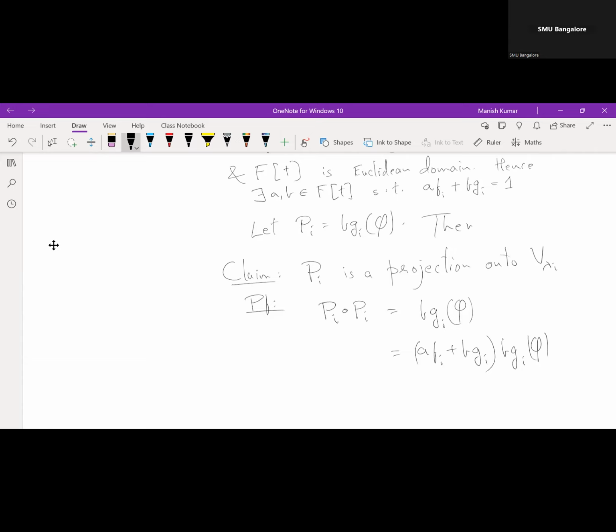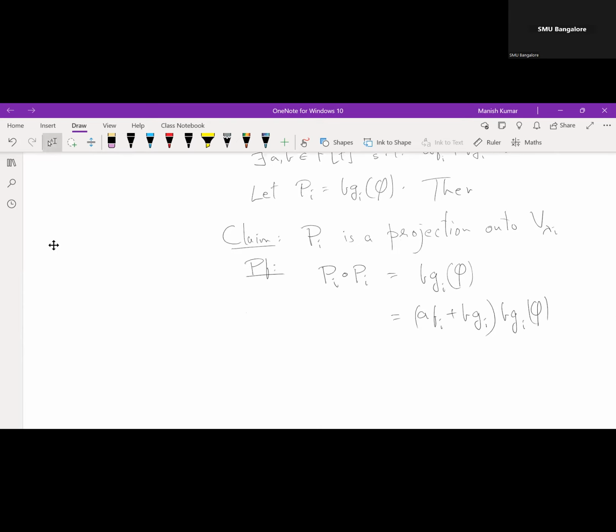So multiplying this polynomial by one doesn't change anything. Now you just multiply this through. Since it's all polynomials, we can write it in any order. So let's say a b fi gi evaluated at phi plus b gi whole square evaluated at phi.